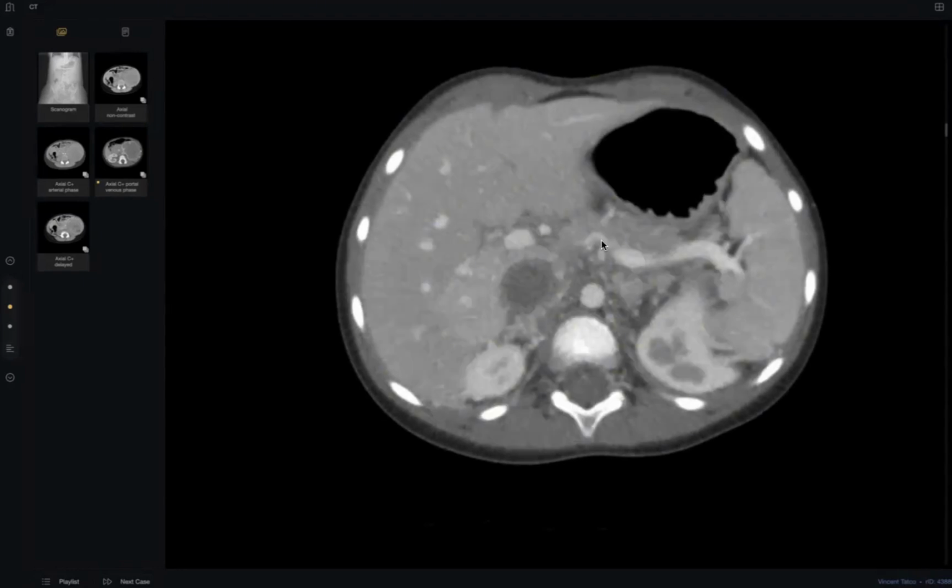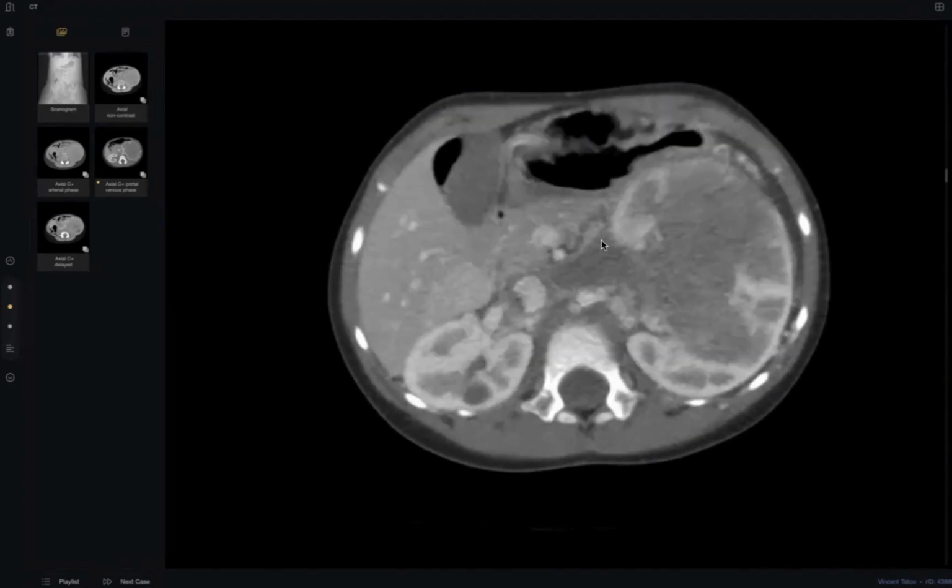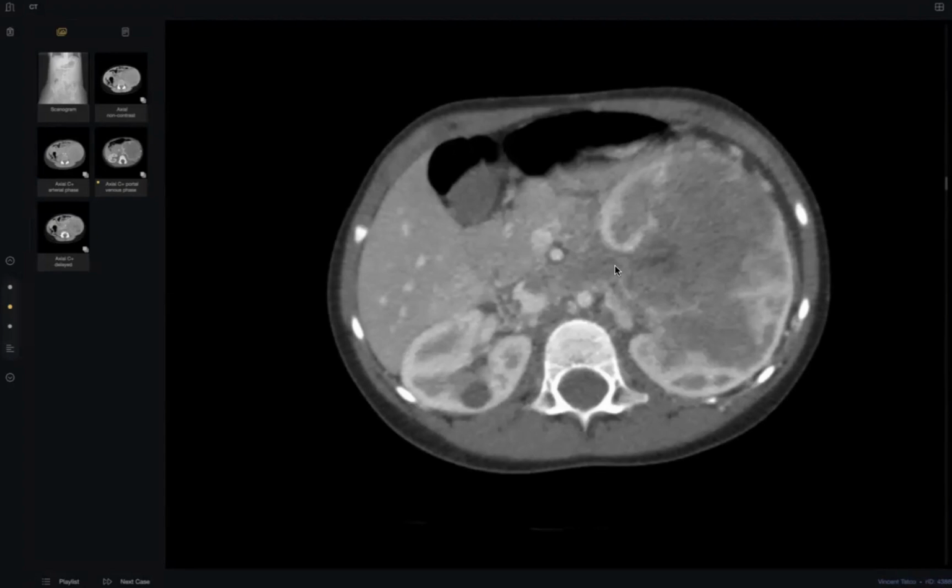Sir, I want to check lung windows to send pulmonary mets as well, and some lumbar spine lateral sagittal images too. Why this mass, not neuroblastoma? By the way, neuroblastoma usually doesn't invade the vessel.